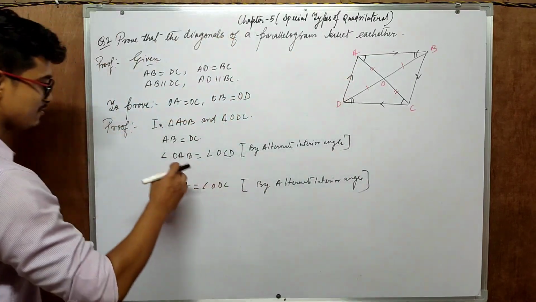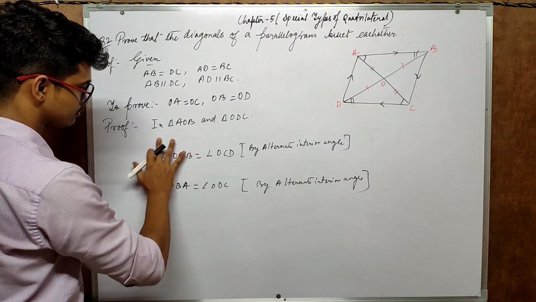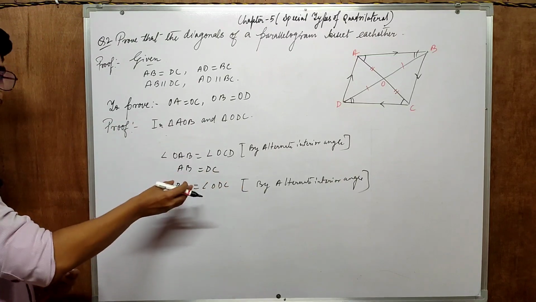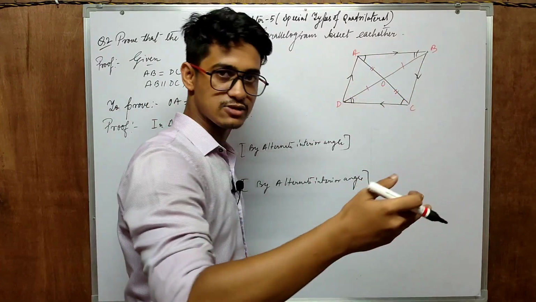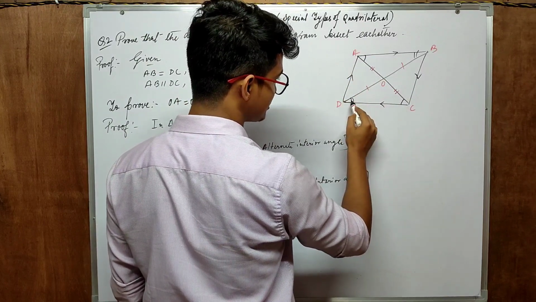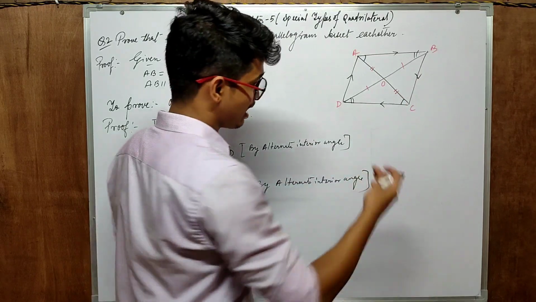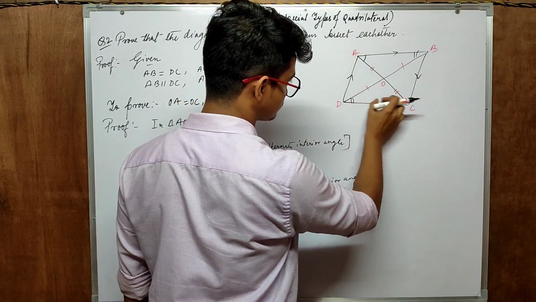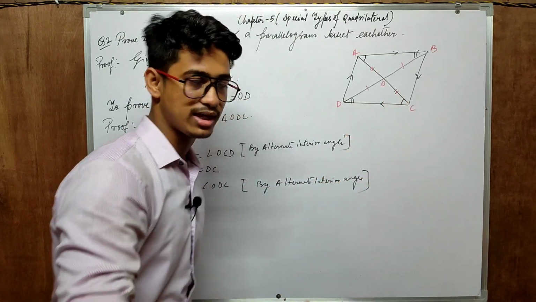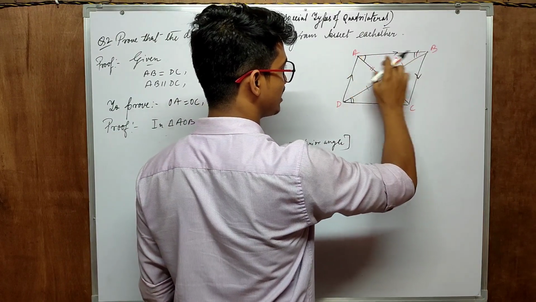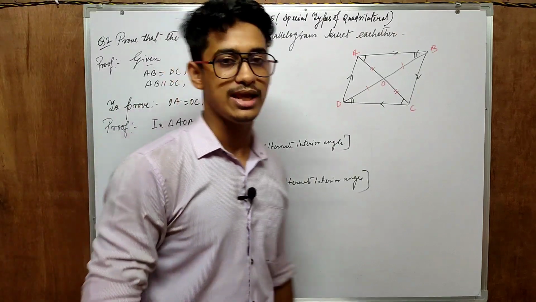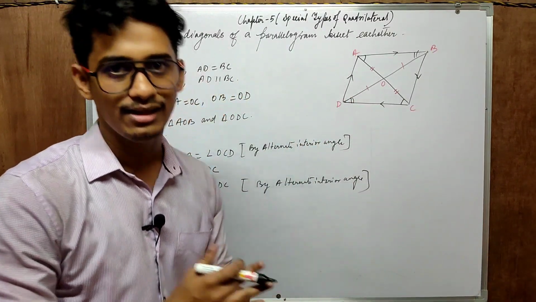So if I keep that side in between, that is AB equal to DC, we have to see it in the figure as well. One angle is equal to this angle, and the other angle is equal to this angle. And now just see, DC is in between these two angles, as well as AB is between this angle and this angle. So the three conditions are absolutely applicable by angle side angle.